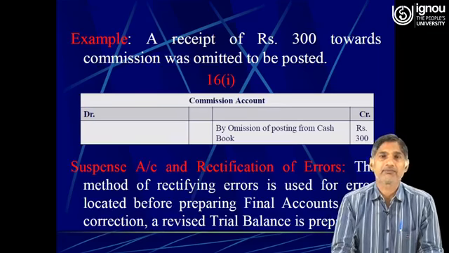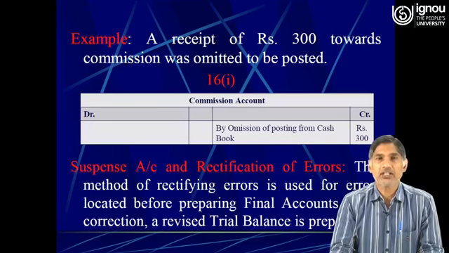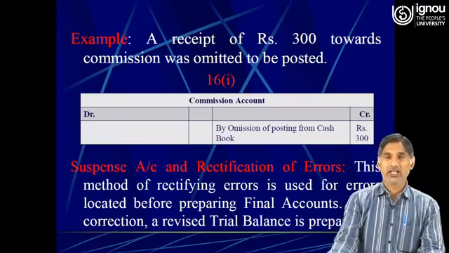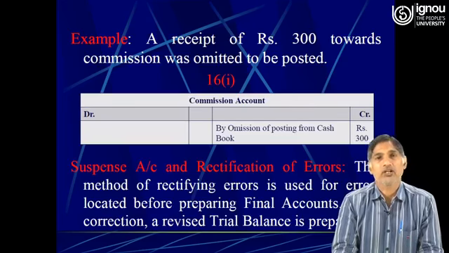Next one is: a receipt of rupees 300 towards commission was omitted to be posted. So when we receive the commission, the journal entry that must have been passed in the books of original entry is cash account debit to commission.